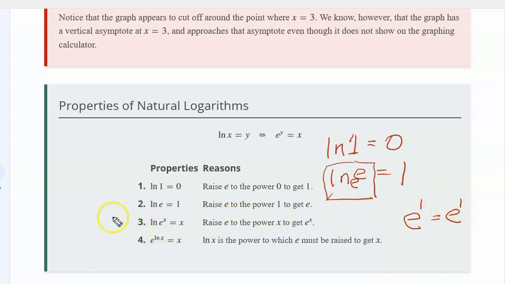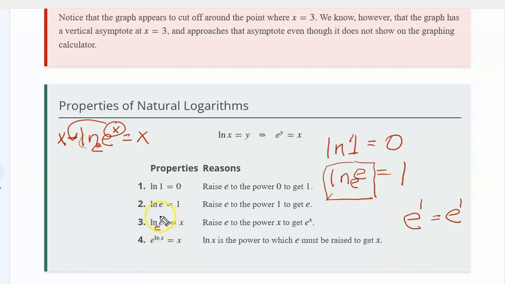Now, when you have this arrangement, in which it's the natural log of e to the x power, that actually just equals the exponent there. Because the rule is we take this e when we convert it, and we put that x out in front here as x. This, we know, is just 1. So x equals x. Now there's a little bit more math here, but just remember this configuration.